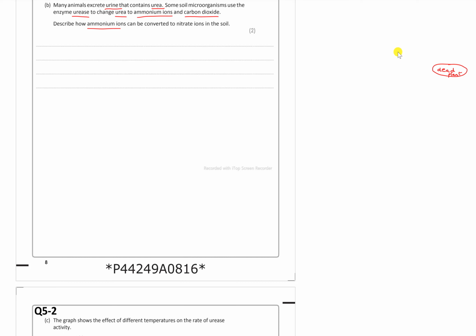Let's just stick to plants for now. Right. They need to be broken down by decomposers into ammonium ions, yep. And then from there, they get turned into, what did we say? Nitrites, and then into nitrates.